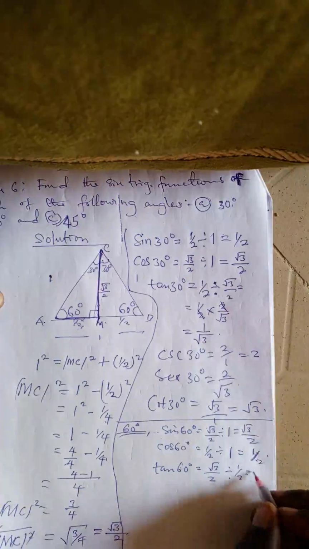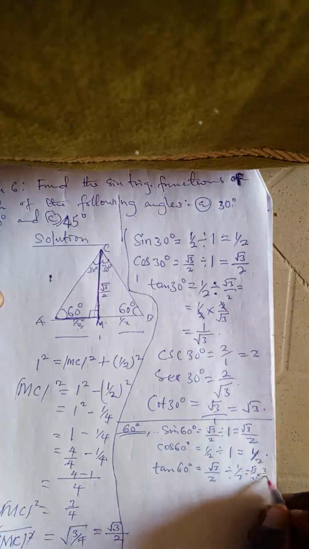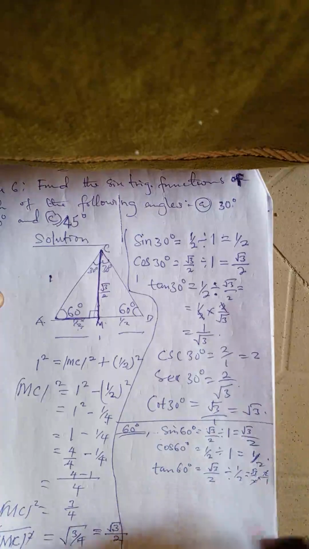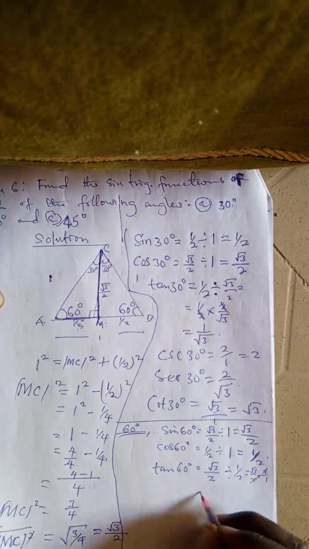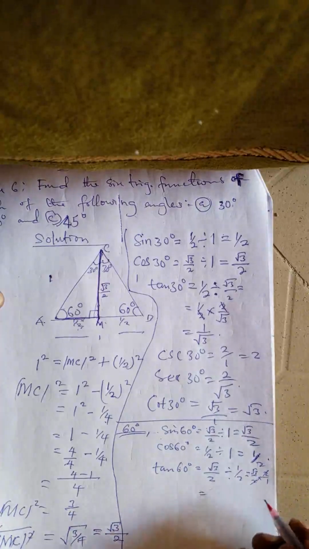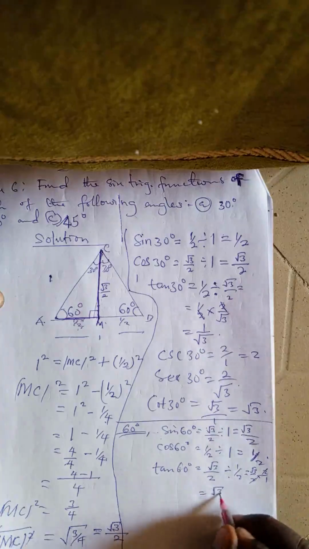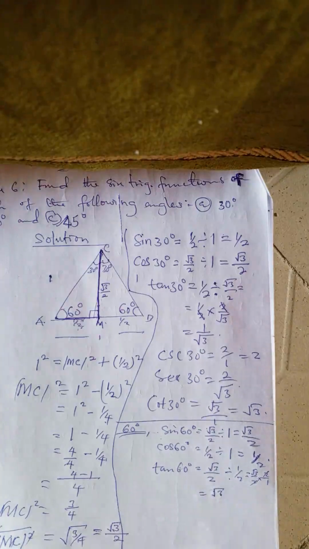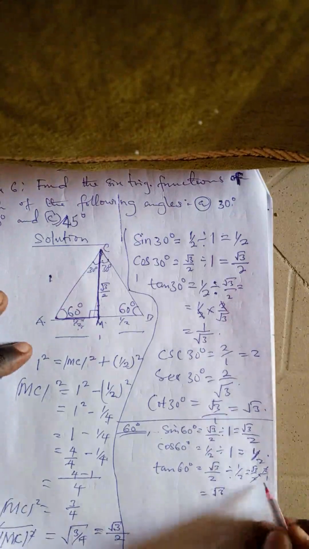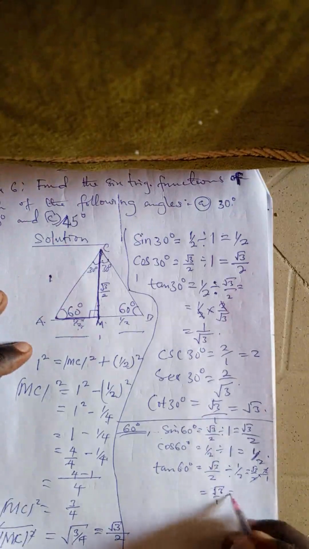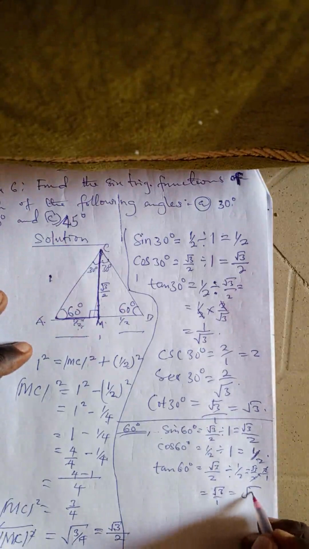But this is equal to root 3 over 2 times 2 over 1. So 2 cancels 2. And what do we have? So we have root 3. So that is it. Root 3 over 1, which is equal to square root of 3.